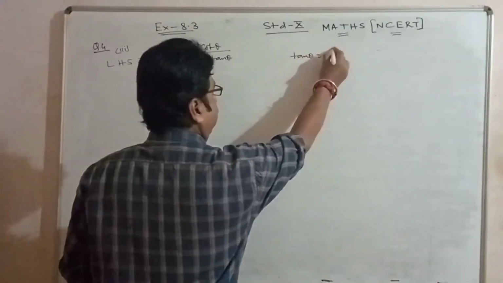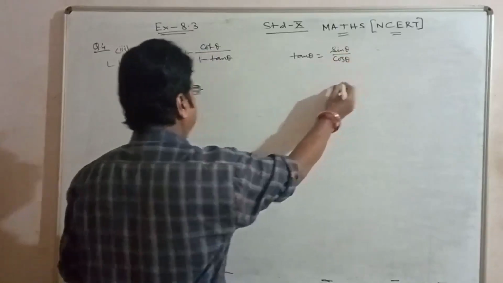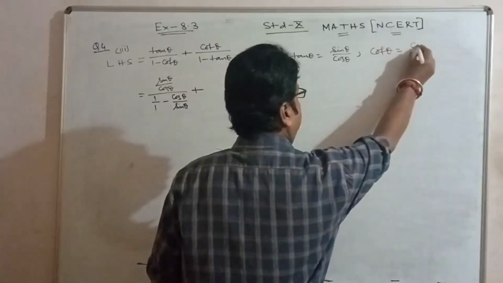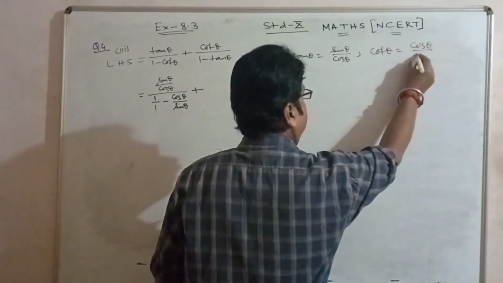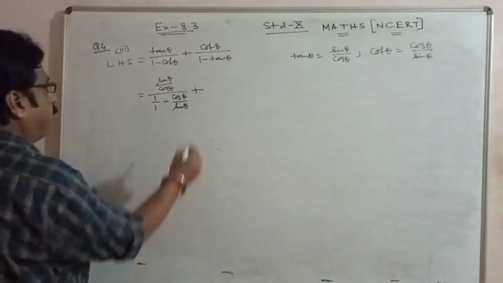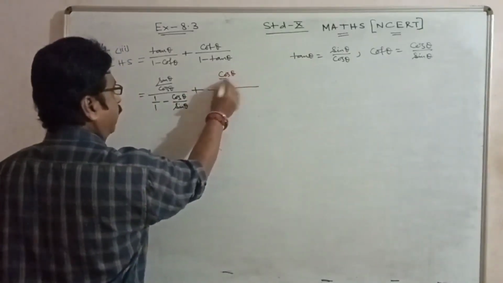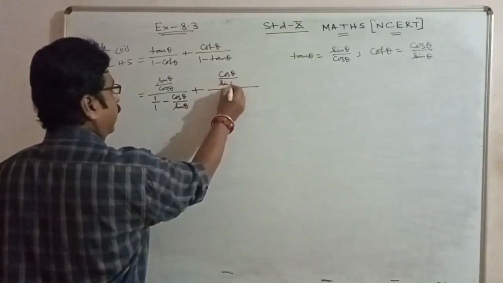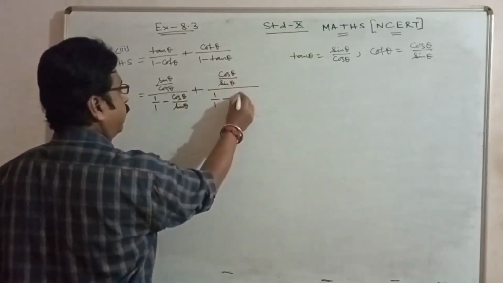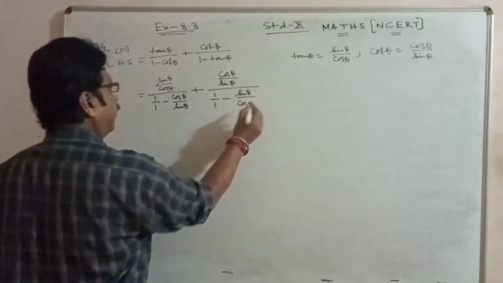Tan theta is sin theta upon cos theta and cot theta is cos theta upon sin theta. Here cos theta upon sin theta we can write, and 1 minus tan theta means 1 minus sin theta upon cos theta.